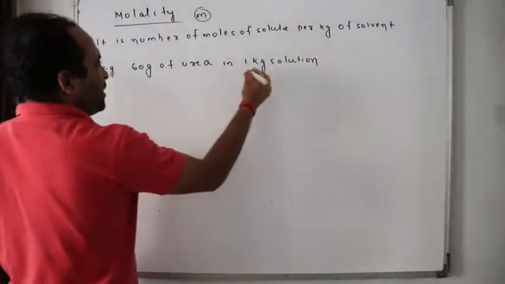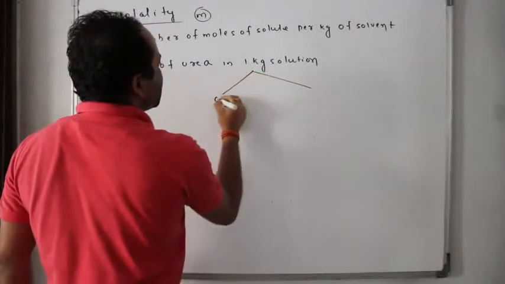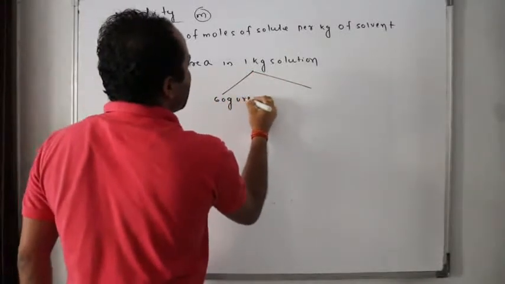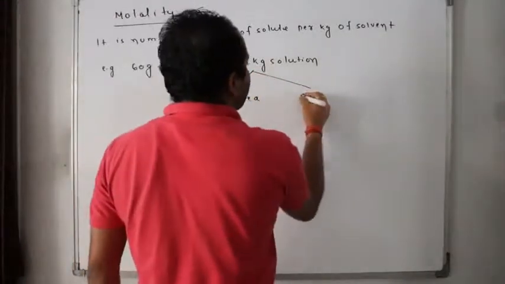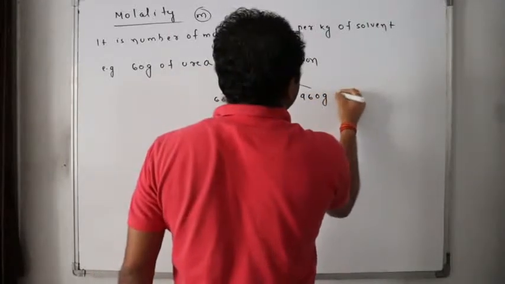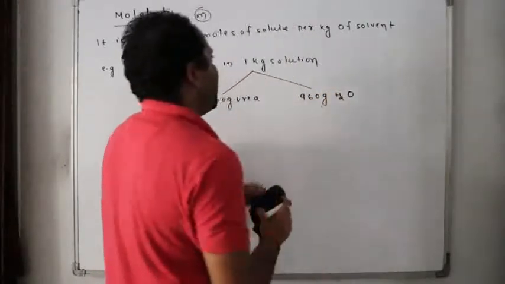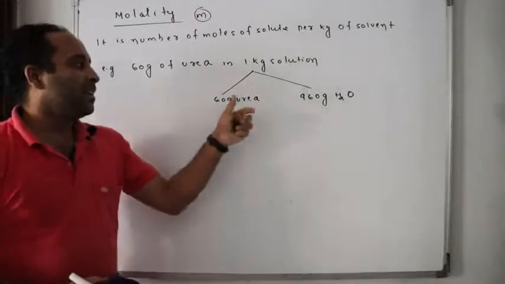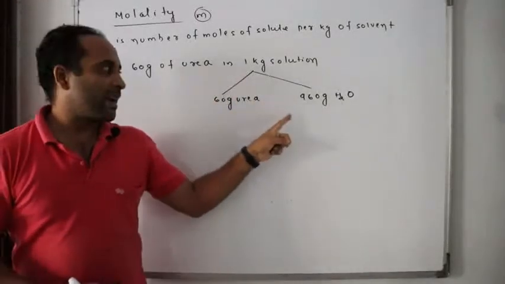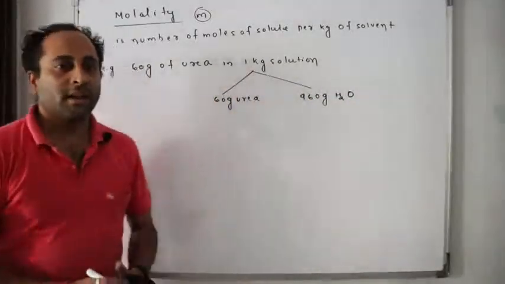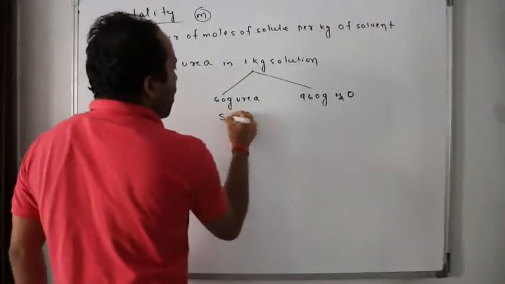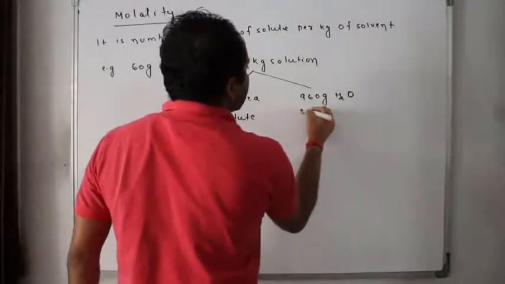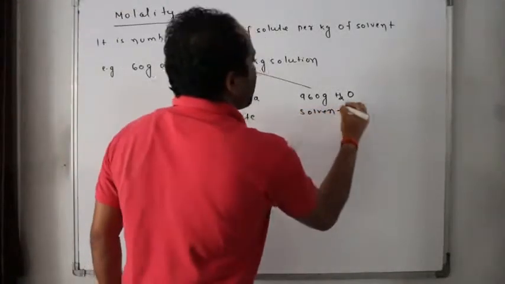That means in this 1 kg I already have 60 gram of urea. And what else? I have 940 gram of water. Why? 1 kg means 1000 grams, isn't it? Out of that, 60 gram is urea, so 940 gram is water. So this is the solute and this is the solvent.